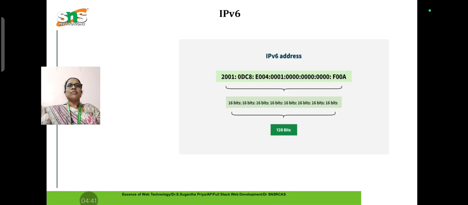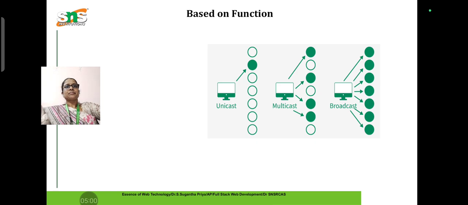Say, the example of an IPv6 address is 2001:0db8:85a3:0000:0000. Each group like 2001 represents a 16-bit block of the address.